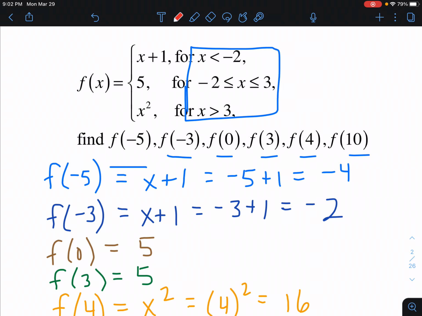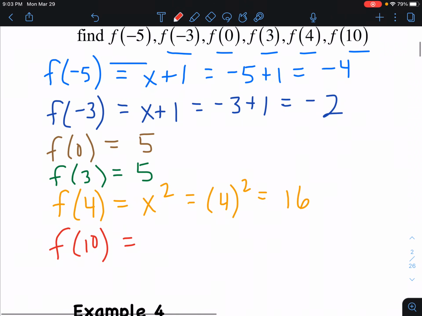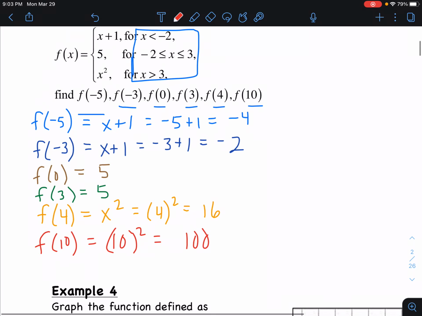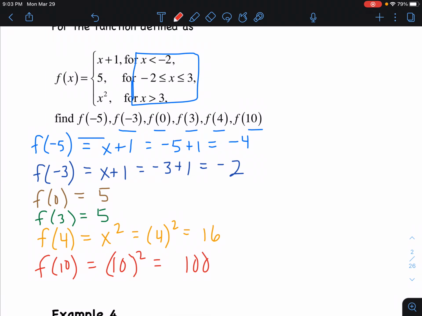That would be the third one. 10 is greater than 3. Therefore, you should use x squared. So 10 squared equals 100. So you just learned how to evaluate a piecewise function for given values of x.